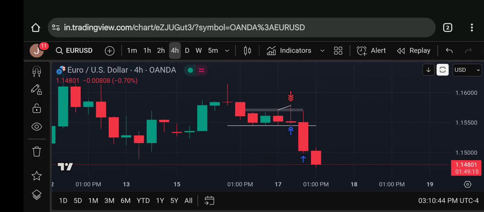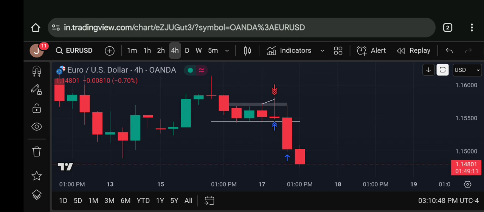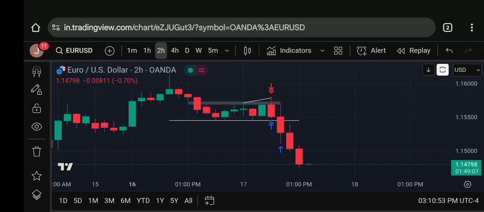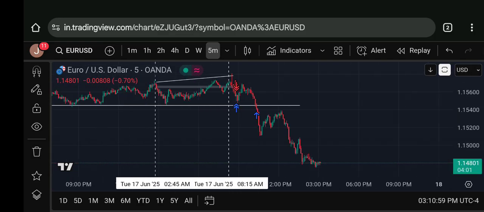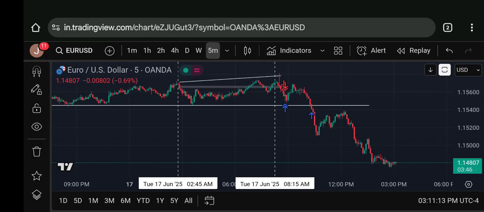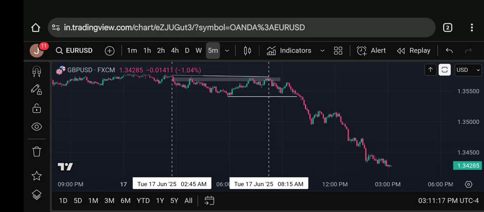Finally my model: first of all IRL to ERL simple model, and then 2 hour also IRL to ERL, 1 hour also IRL to this ERL, with 5-minute SMT, where euro makes a higher high here, and then GBP makes a lower low.